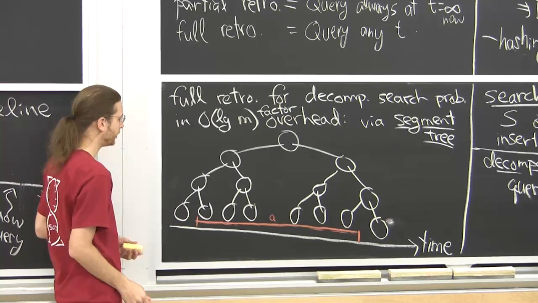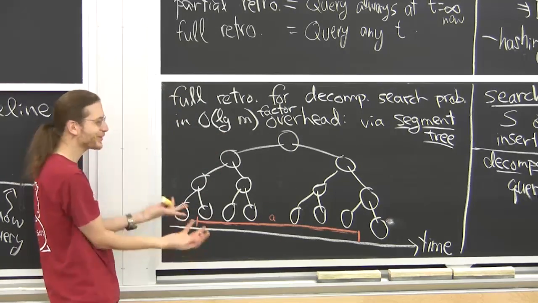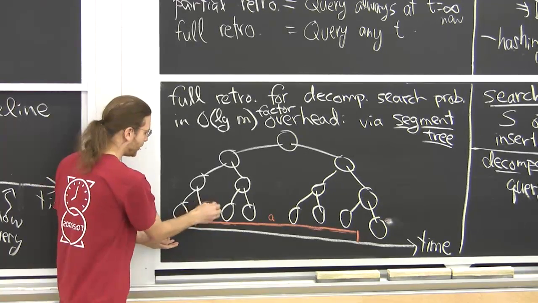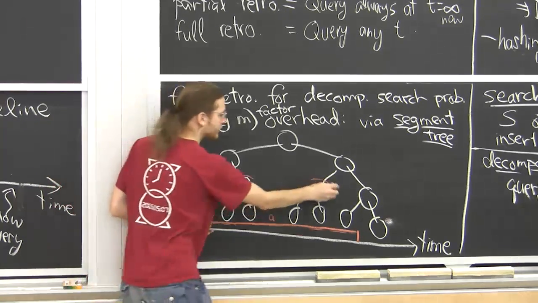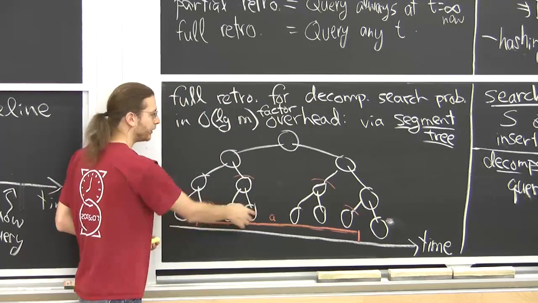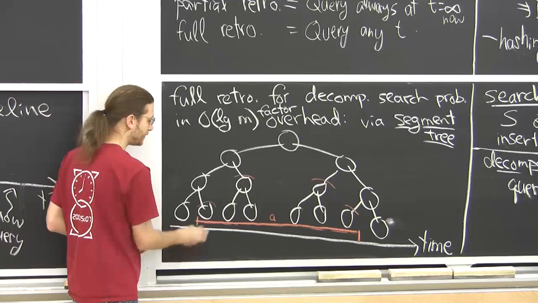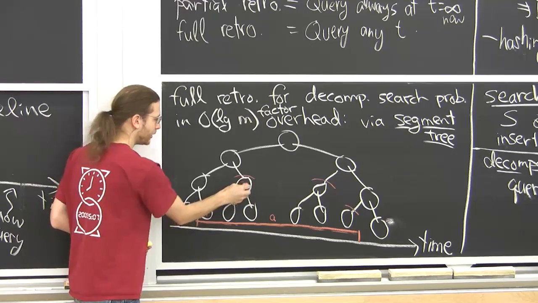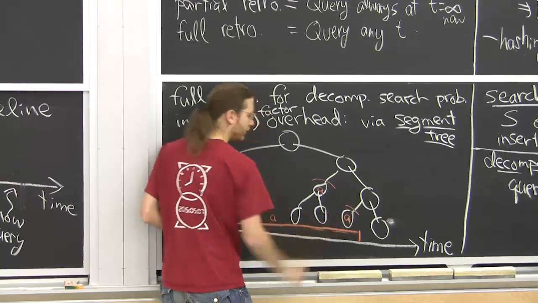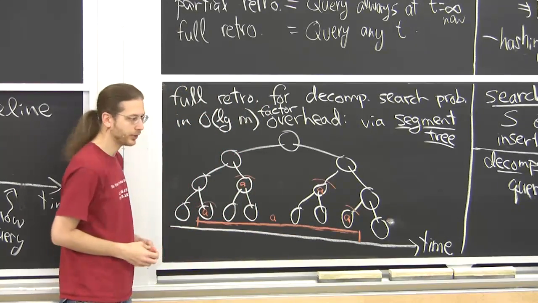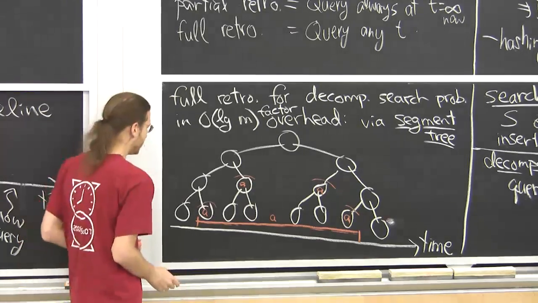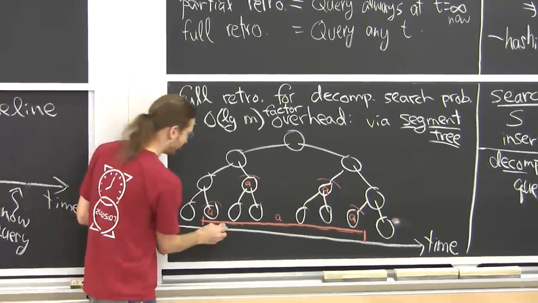Well, if I draw a complete binary tree, there's an obvious way to represent that interval, which is as the union of these 4 intervals. If you think of this node as representing the interval of all of its descendant leaves, then I could put A here, and here, and here, and here. I do that for all my elements. This picture is going to get messy quickly. Let me just do one more example.